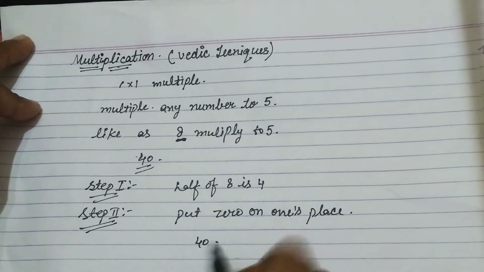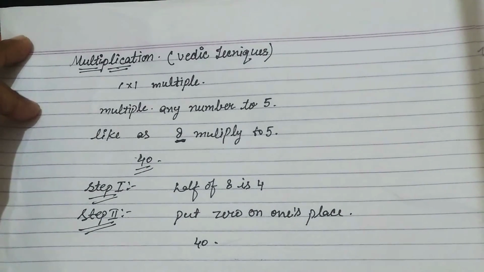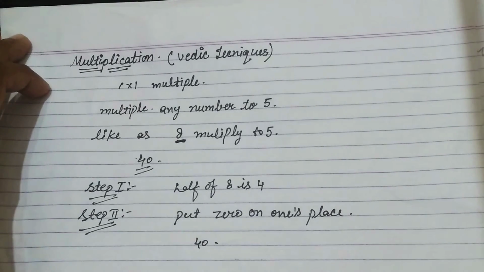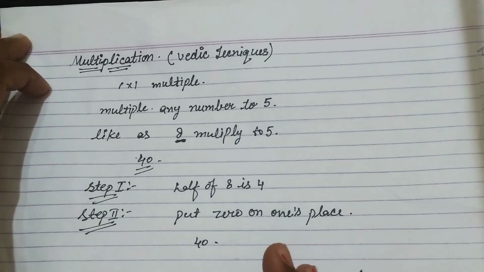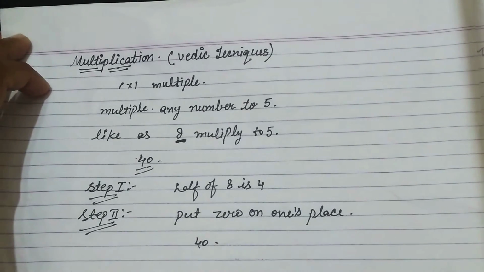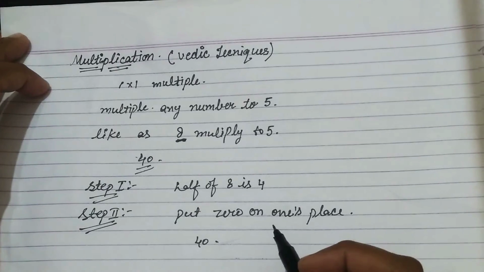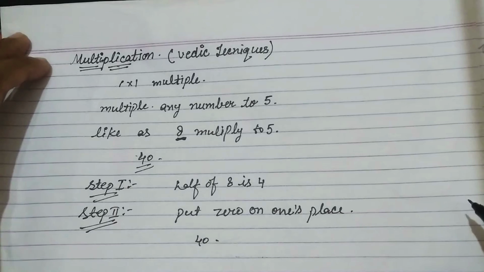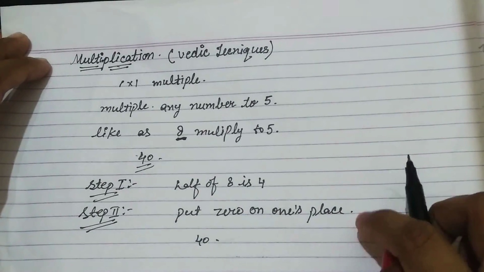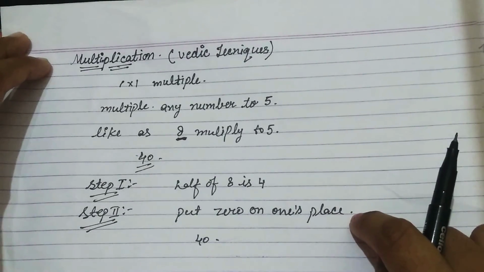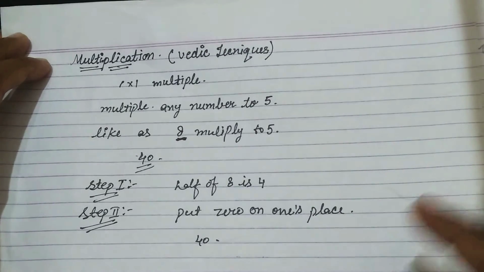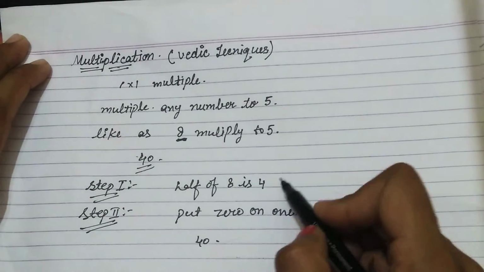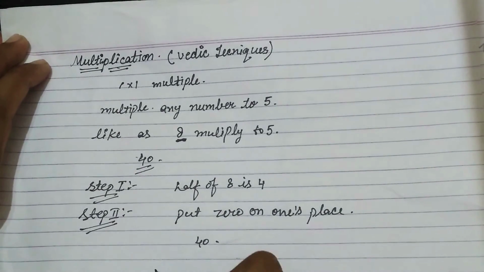Then we get 40. This video is for students who are studying in 3rd, 4th standard. Those students who find difficulty learning tables, this technique is beneficial for them. So now we take another example and follow this process.